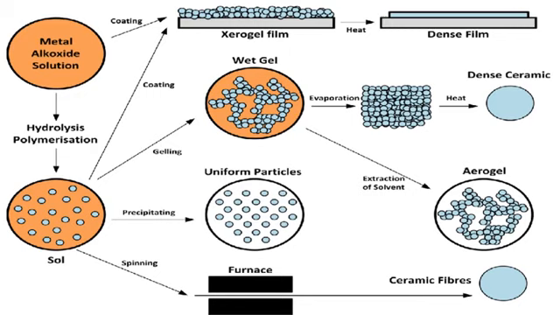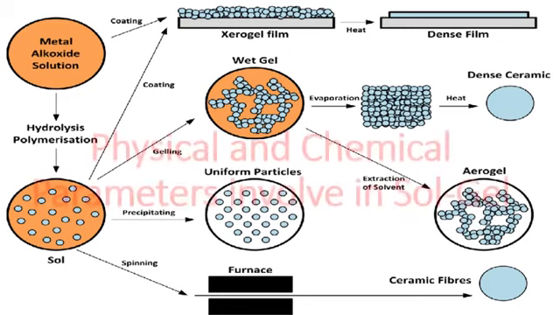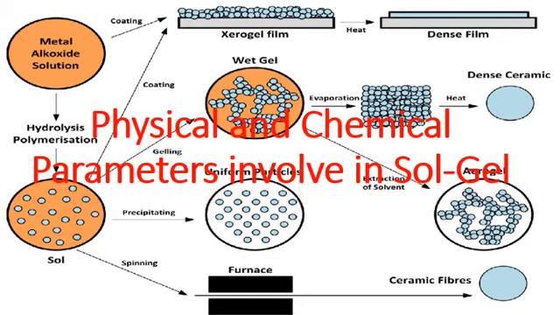Dear student, welcome to part 4 of our lecture series about the sol gel process. In this lecture, I will briefly explain the physical and the chemical parameters involved in sol gel process.